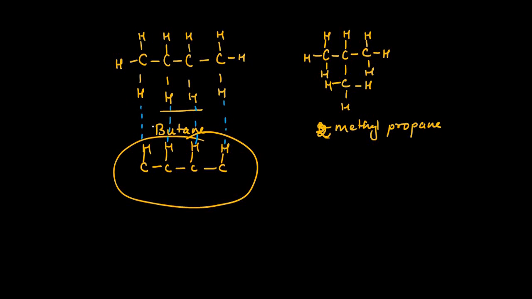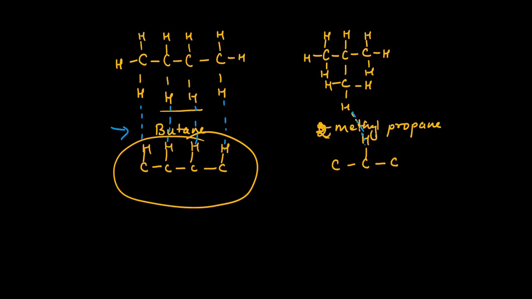Now as we can see here, the number of hydrogens which are in contact with each other or closer to each other will be much greater compared to the 2-methyl propane which is shown here, because the contact points will be less compared to what it was in butane here.